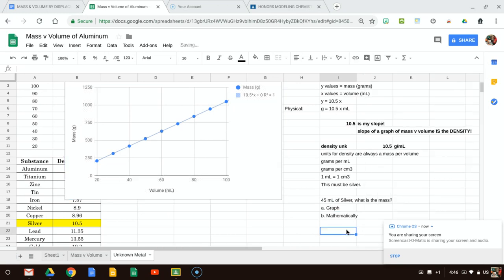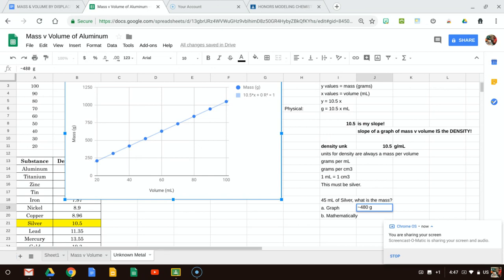So with the graph, I'm going to say about 480 grams. Sorry. So if I'm looking at my graph, I go over to 45, so this is 50. I'm going to go in half of that. This is 45. And then I'm going to go over to my y-axis and kind of estimate where that is. And I'm going to show you that in another video on paper.